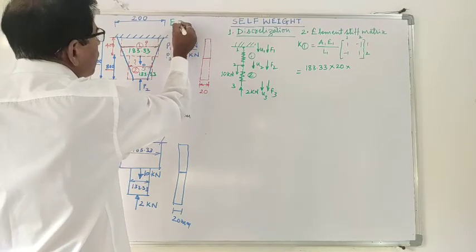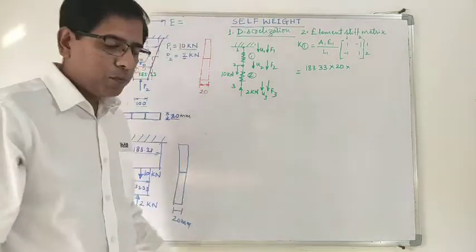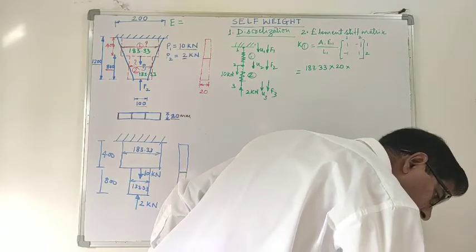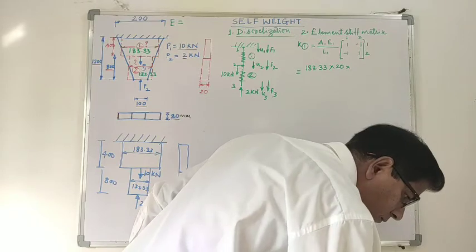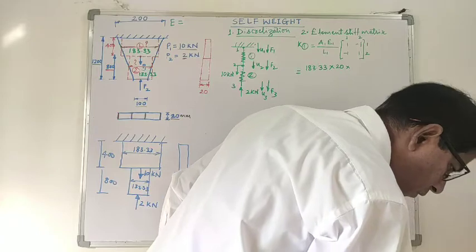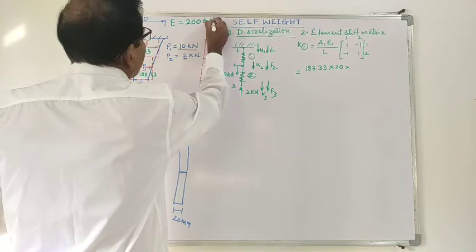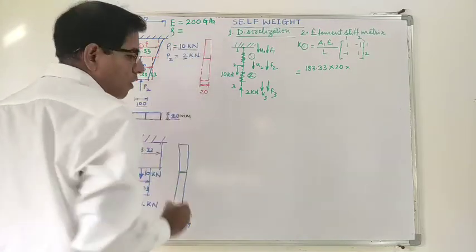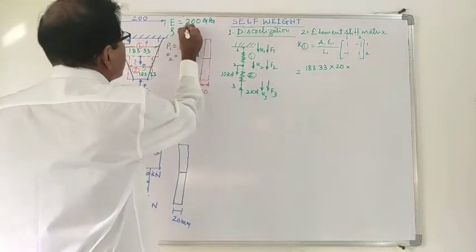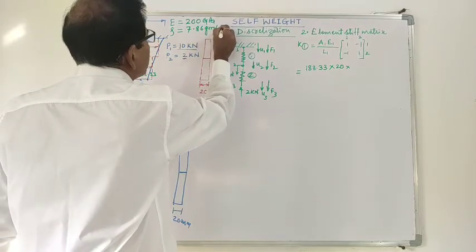So this plate is of the same material. So the Young's modulus for this wedge-shaped plate is 200 GPa, and the density of the material is 7.86 gram per centimeter cube.